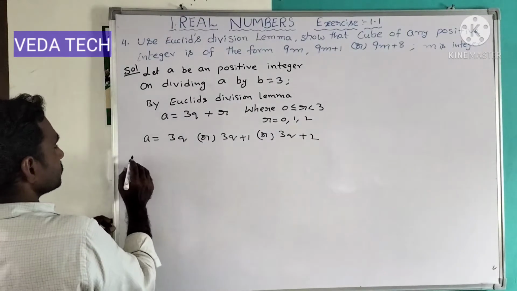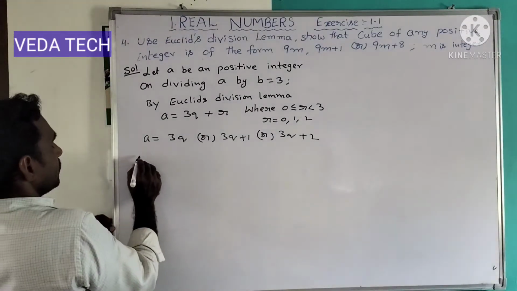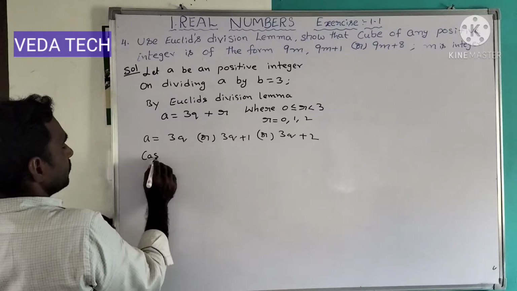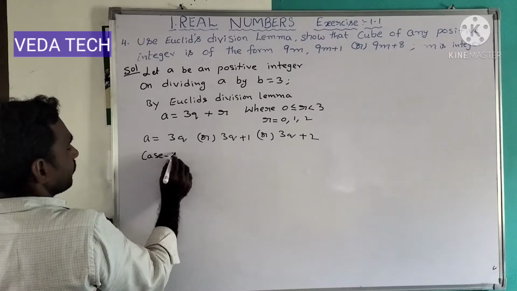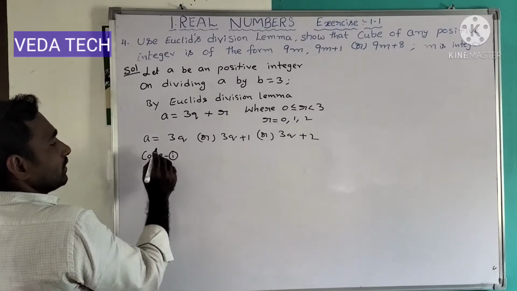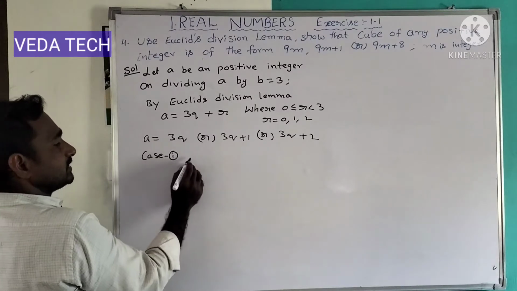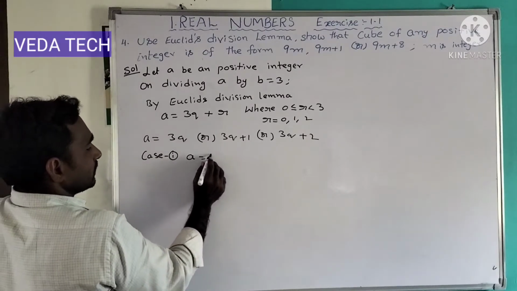Now, case 1: if r is equal to 0, then a is equal to 3q.